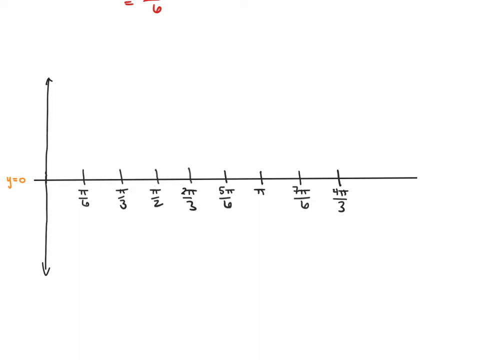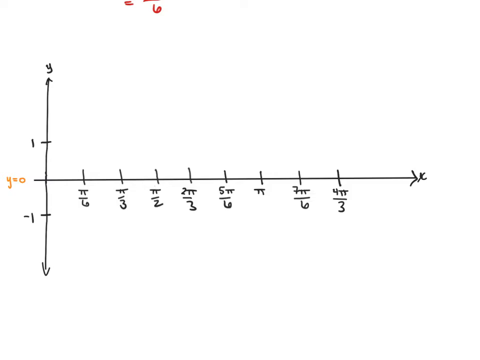Our amplitude for this function is 1 because there is no vertical stretching. So we'll go up 1 and down 1 from that line of oscillation. So this is our y-axis. And this is our x-axis. And so therefore, let's go ahead and mark out our key values.